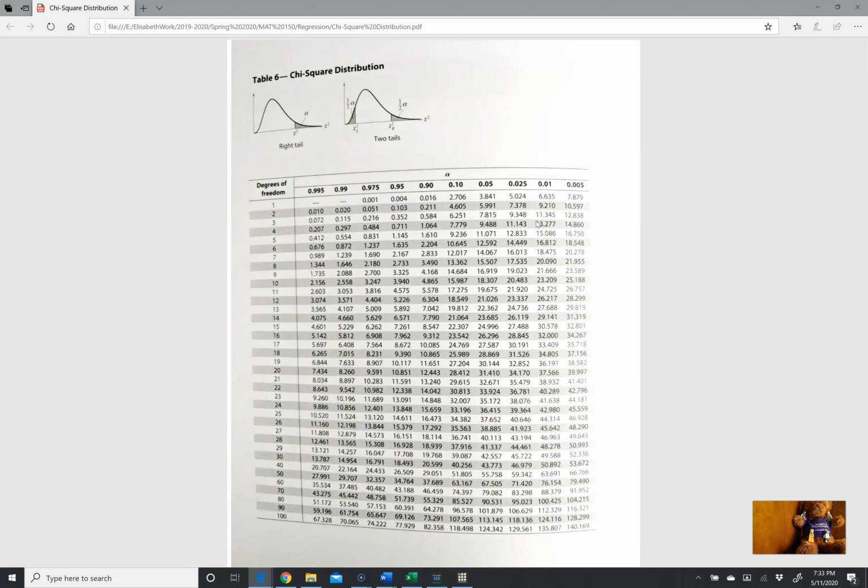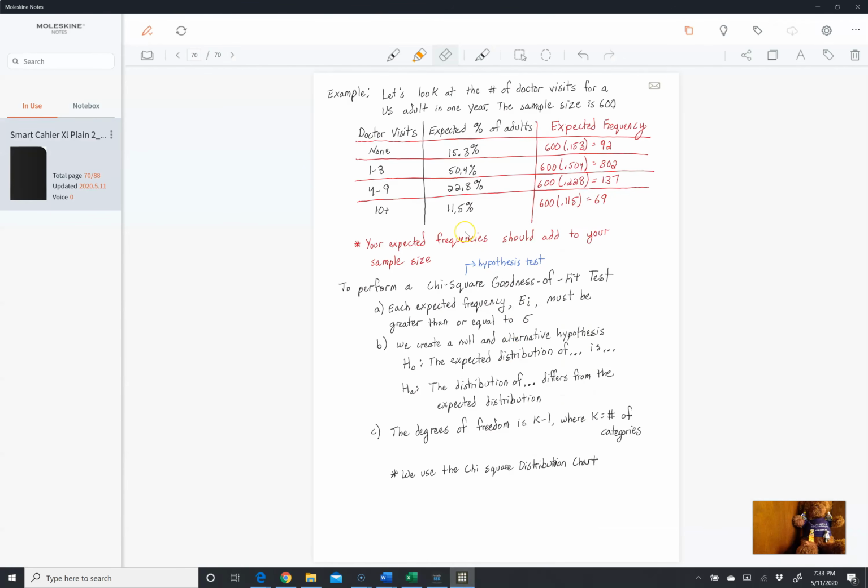The very last thing is your test statistic, right? So we need to calculate the test statistic. So the test statistic is chi-squared, okay? What does that look like? It looks like an X, but it's like this pretty X. Okay, we make these really nice curlicues.